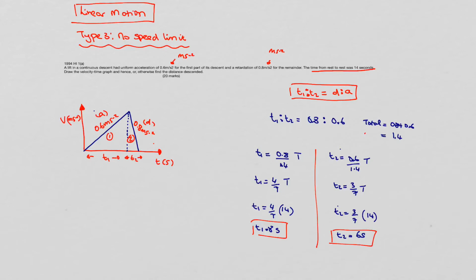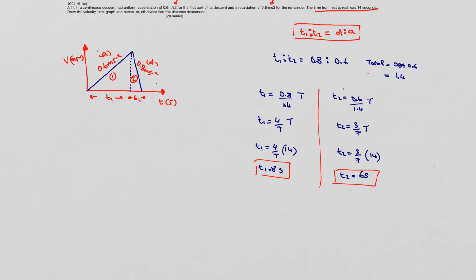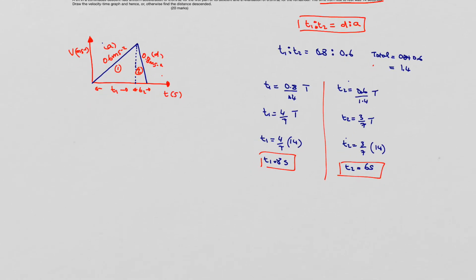So now all I have to do is find the distance descended. To find the distance descended, I need to find the area under the curve. So my distance is equal to the area under the curve, which is half the base by the perpendicular height.